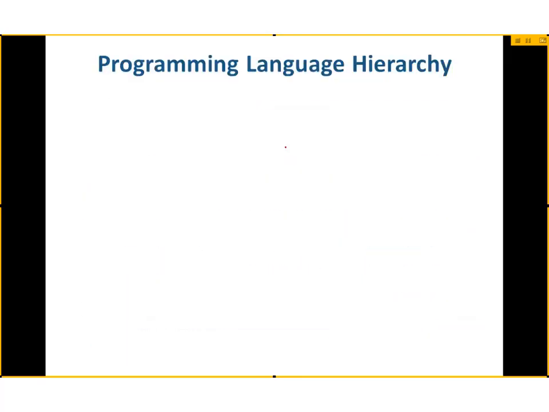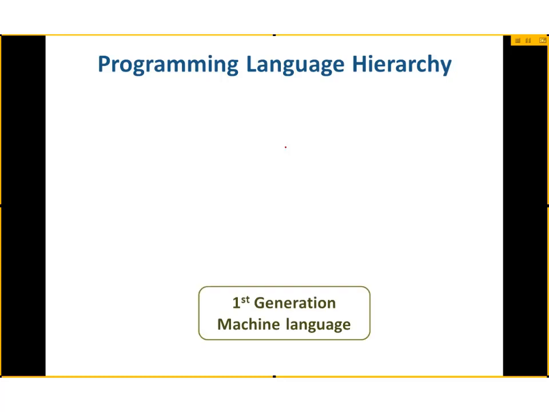In terms of writing computer programs, we could start at the simplest level in what is sometimes called machine language or first-generation language. That is, in essence, those zeros and ones themselves that communicate with the hardware of the machine.